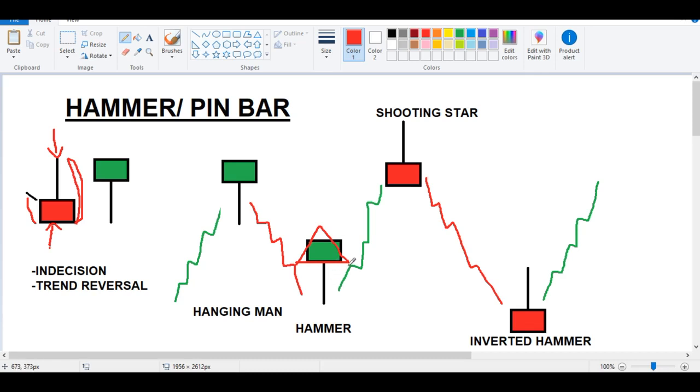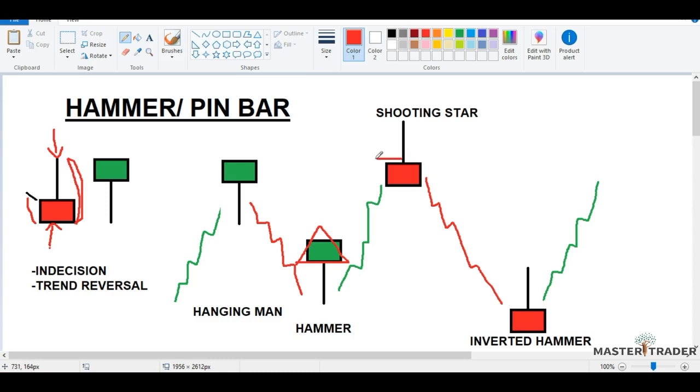Now, let's say again we're back in an uptrend and price is going up and up and up, and you see this inverted hammer, this hammer that is flipped. People call this a shooting star pattern. I call it inverted hammer, but call it whatever you want. So this is a shooting star pattern or inverted hammer, and again, it's a very strong reversal signal, especially if you see it at the top of a trend.